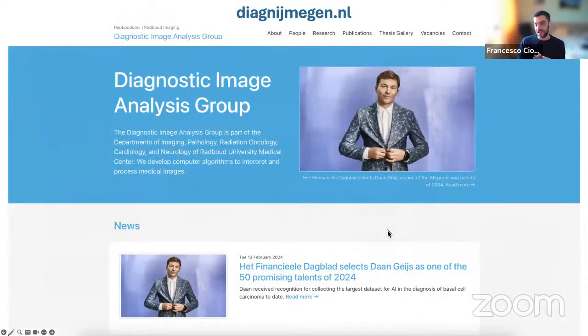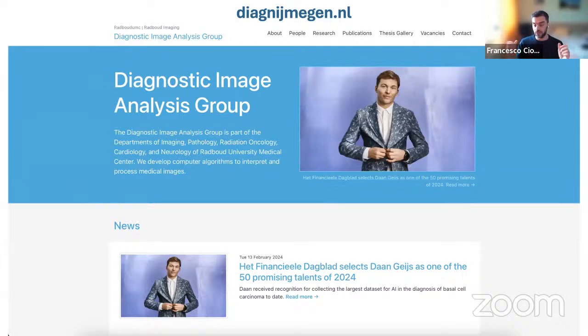Inside Radboud, which is an academic hospital, as I said, there is a lot of research happening. And I'm part of the diagnostic image analysis group. This is our main website, diagnijmegen.nl. And it's a multidisciplinary and also cross-departmental group, which is partly in radiology, partly in pathology, radiotherapy, nuclear medicine, cardiology, neurology.